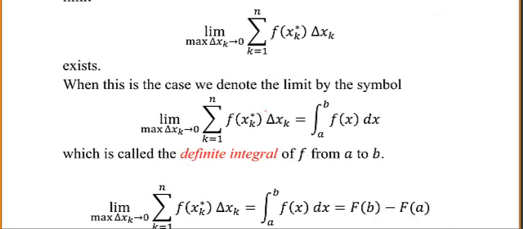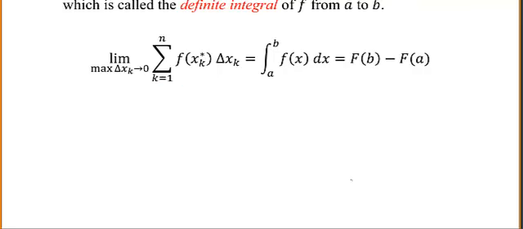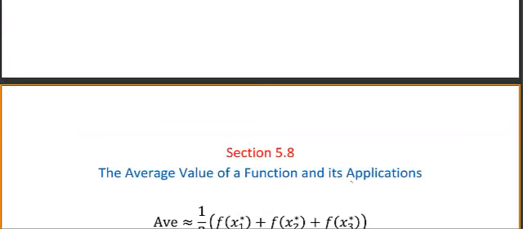When it exists, of course, we use this notation. Then we saw with the fundamental theorem of calculus that if f is continuous on the interval, we can take an antiderivative, evaluate it at the upper limit, evaluate it at the lower limit, and subtract, and evaluate that limit easily without too much ado.